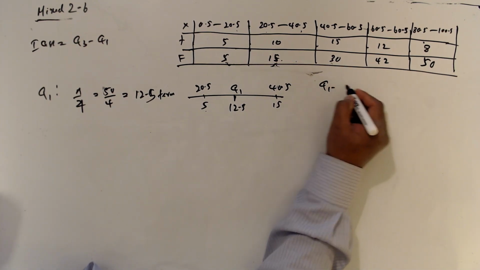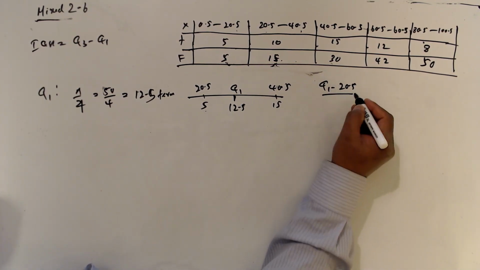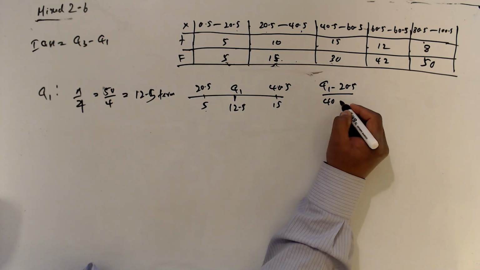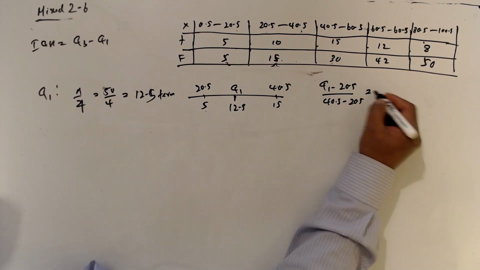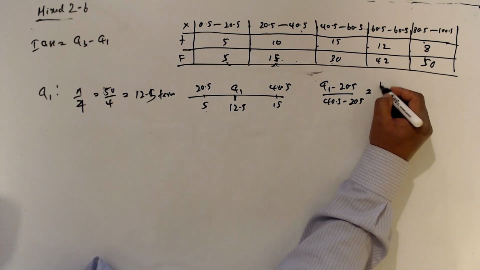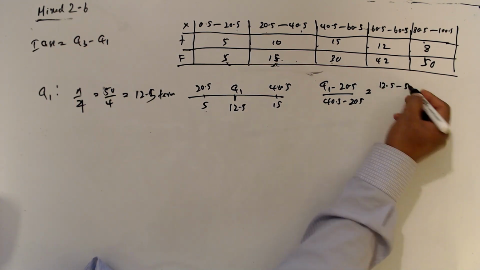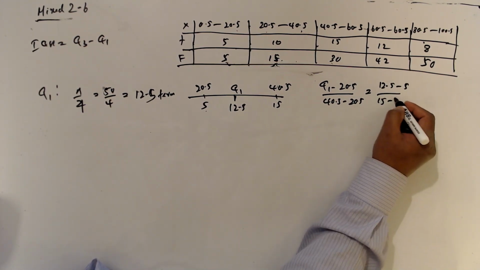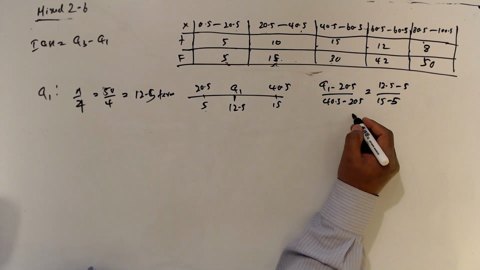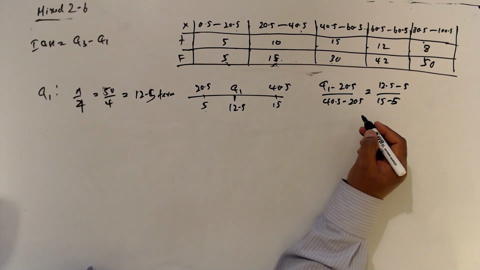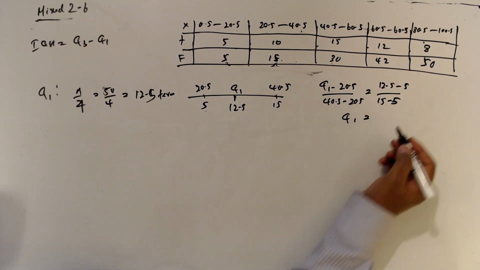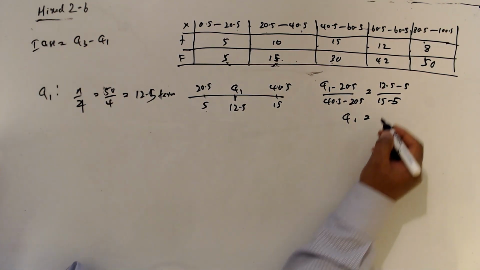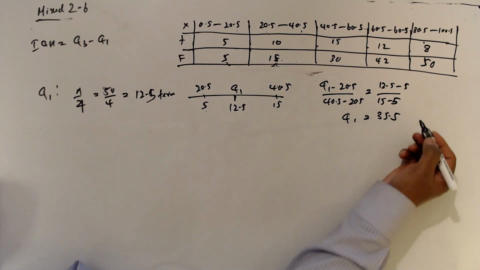So Q1 minus 20.5 divided by 40.5 minus 20.5 equal 15 minus 5 divided by 15 minus 5. So Q1 we will get 35.5.